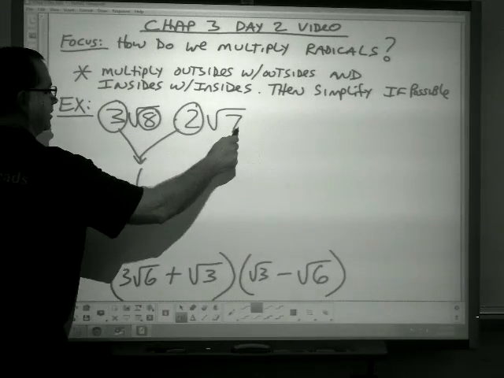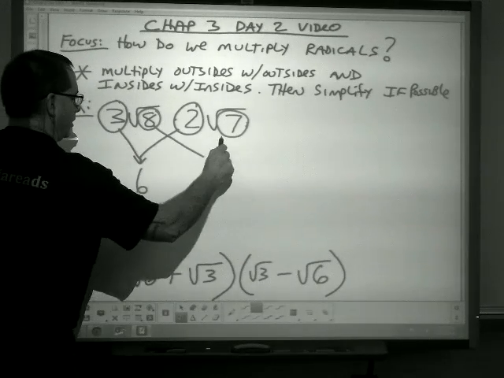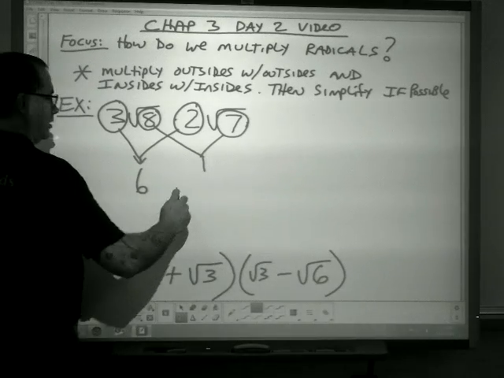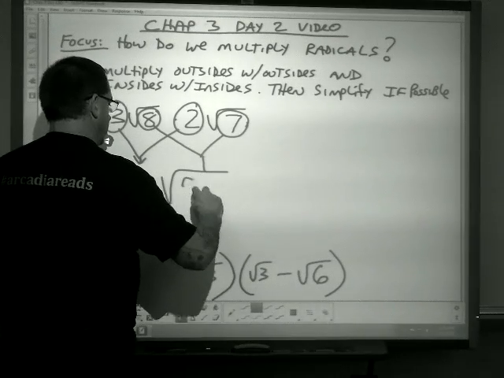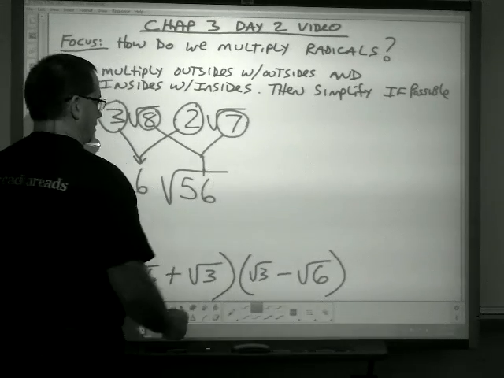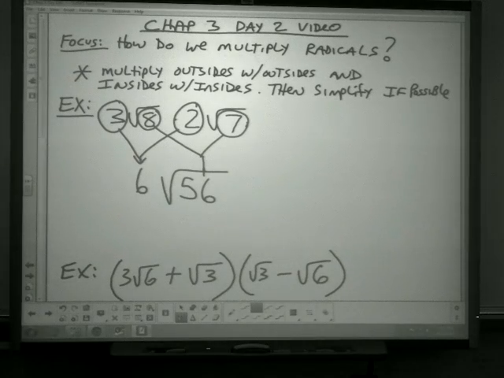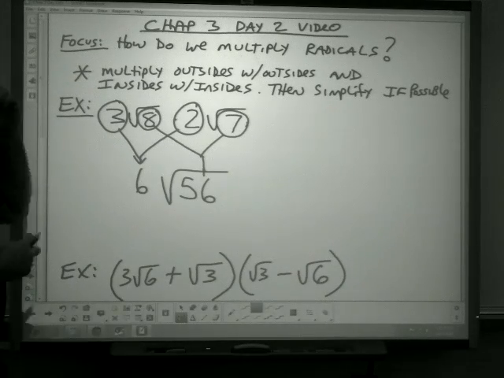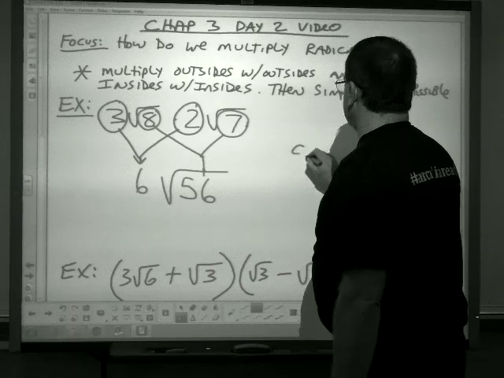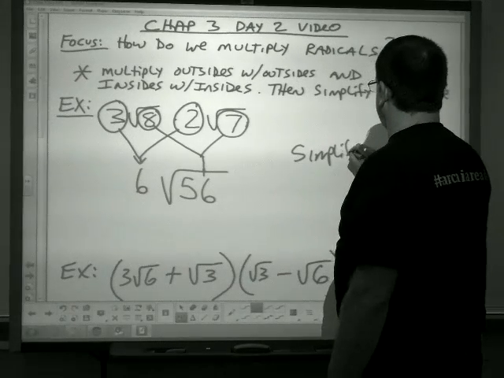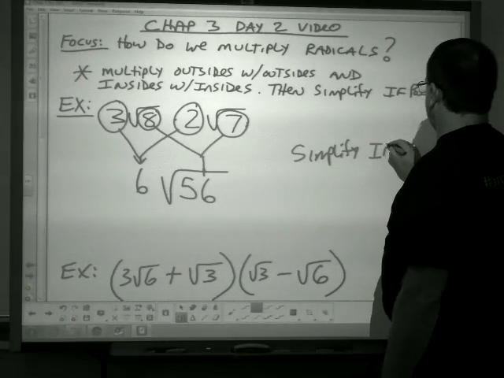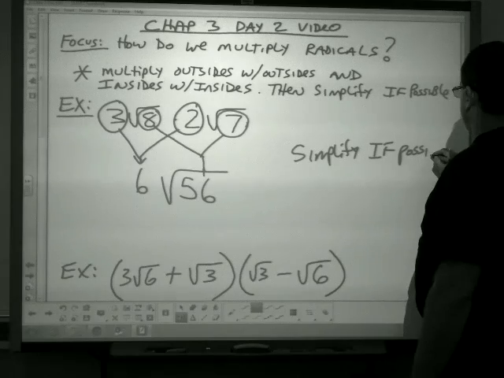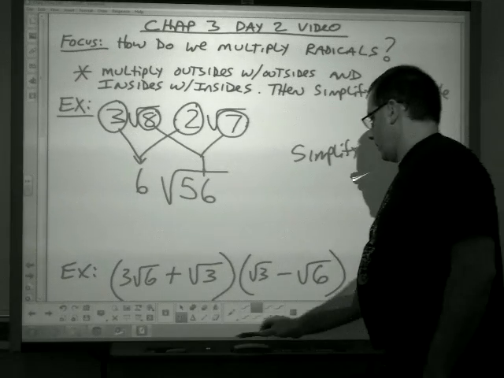I take the 8 and the 7, and I multiply these together, and I get 56. Okay, you might say, oh, we're done. Simplify if possible. So I got a little more work to do.